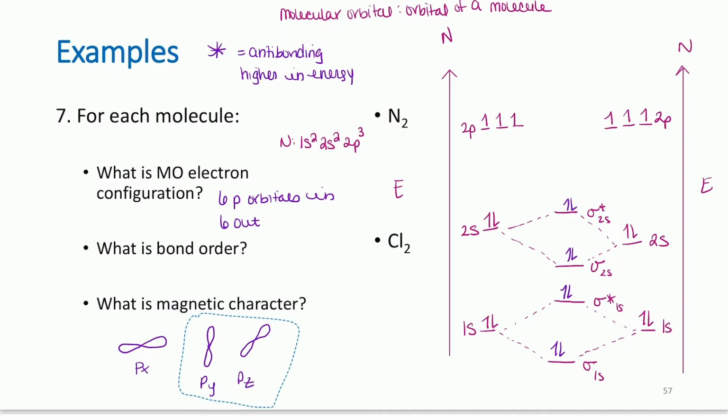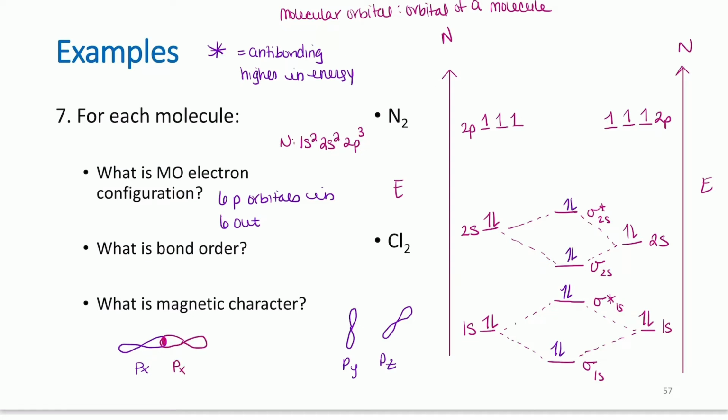If 2 px orbitals bond to each other, this is a head-to-head overlap. And this is called a sigma bond. If 2 py orbitals overlap, this is a side-to-side overlap, which is called a pi bond.